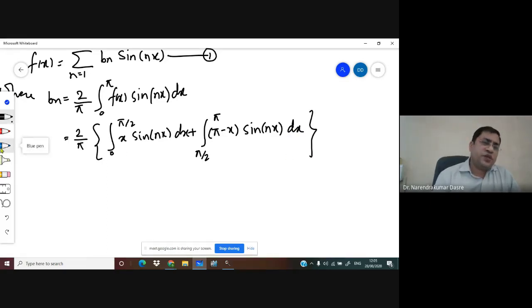Now you can see in both the integrals, again, what we have is x into sine of nx. So here we have x sine of nx, and this is pi minus x into sine of nx. So this is u and v.